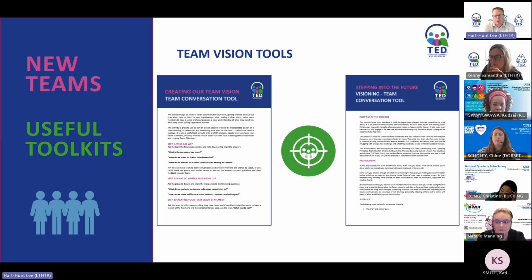When I've run this session for new teams in the past, I've found quite often they're quickly able to identify the core factors of what they're there to do, so what that core team purpose is.